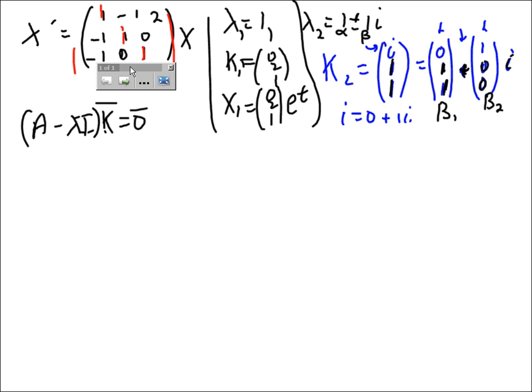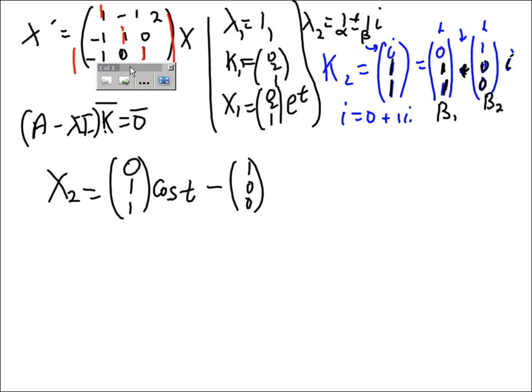Well, x2 is equal to b1 cosine of beta t, which is 1t, so beta t, 1 times t is t, minus b2, which is 1, 0, 0, times the sine of beta t, 1t is t.